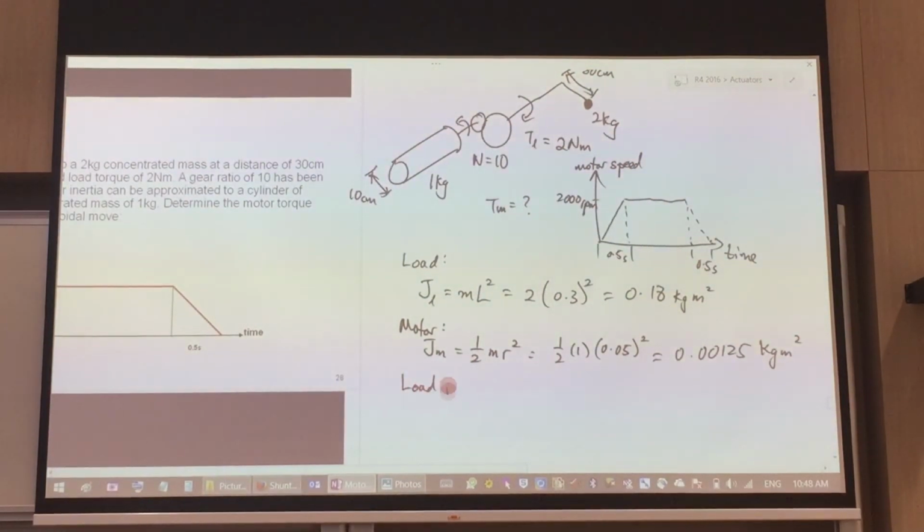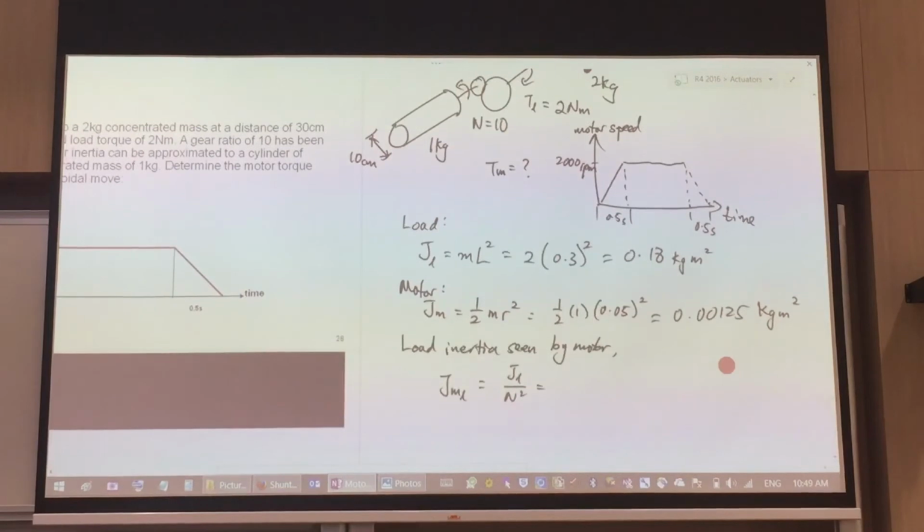Let's have a look at the load inertia seen by the motor. So JML equals JL over n squared. Load inertia seen by the motor: 0.18 divided by 10 squared, 0.0018.